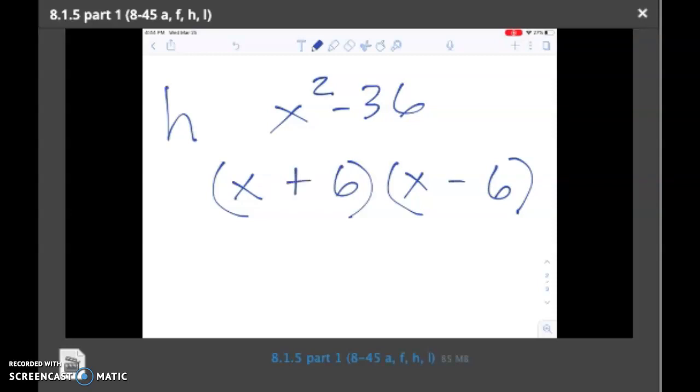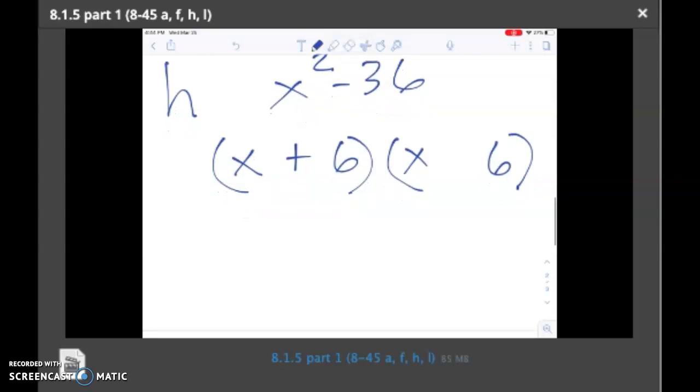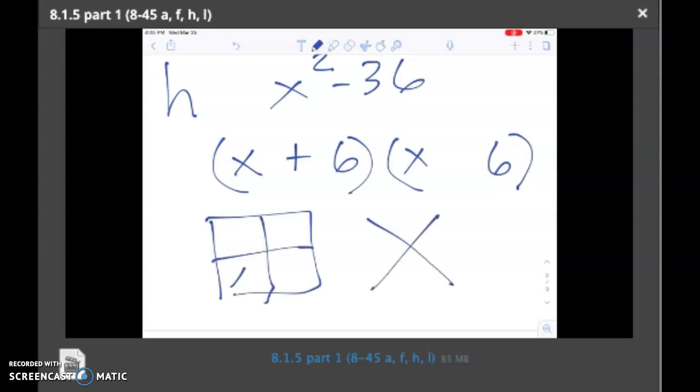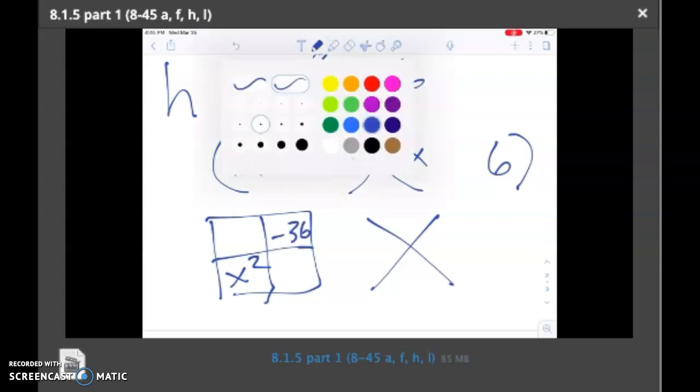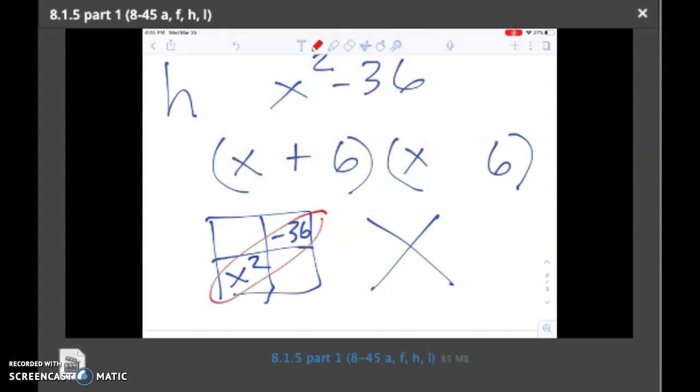All right, so let's double check that this shortcut we just did actually works if we did our generic rectangle and our diamond. So I'm going to just double check it. All right, my x squared terms, my 1's. Multiply those together to get the top of this.